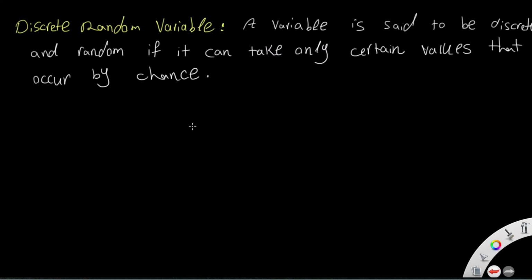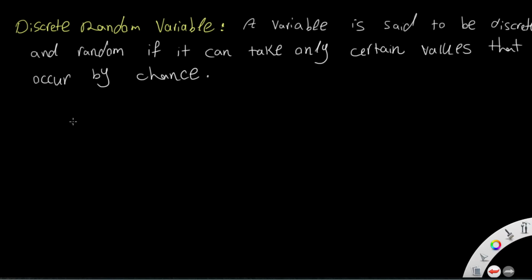Discrete random variable. A variable is said to be discrete and random if it can take only certain values that occur by chance. For example, you buy a carton of 6 eggs. There might be some broken eggs in the carton.